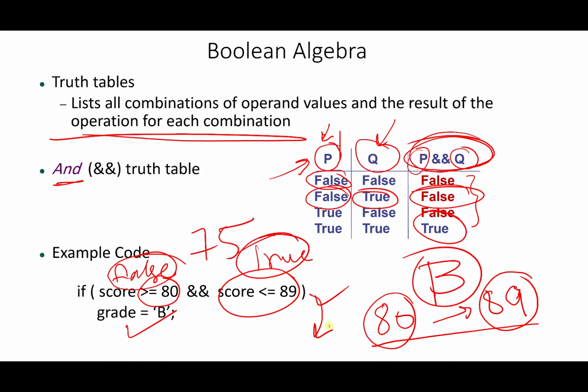Now, you may ask, wait a second. I found this to be false, and I know I need those two to evaluate to true to get a B. So once I find the first false, I should skip. I don't have to even check the rest.